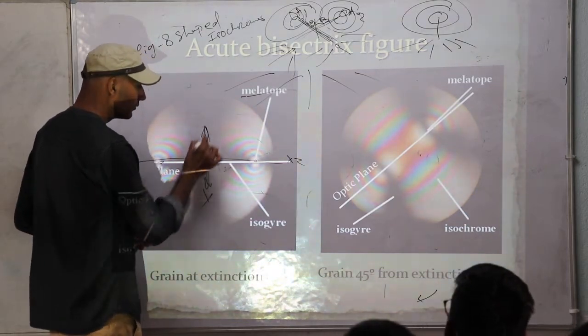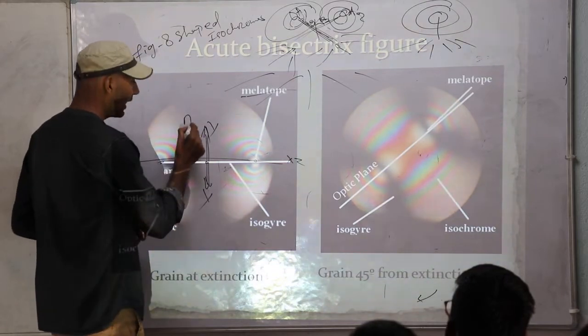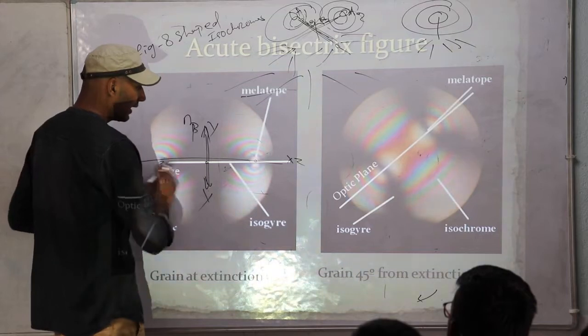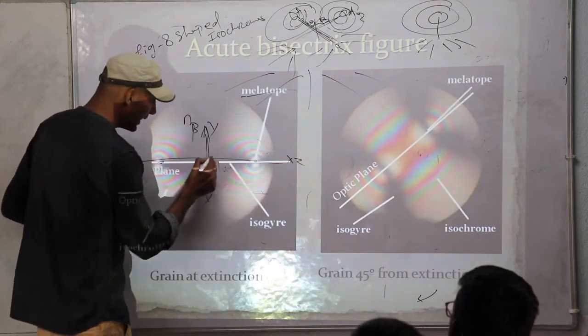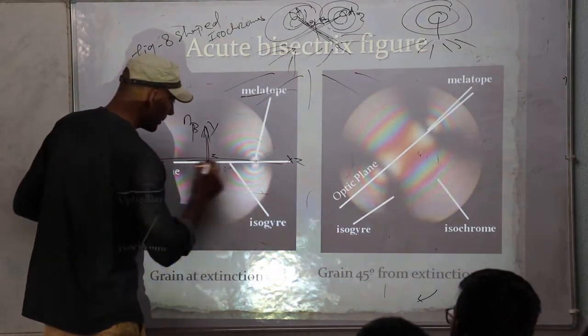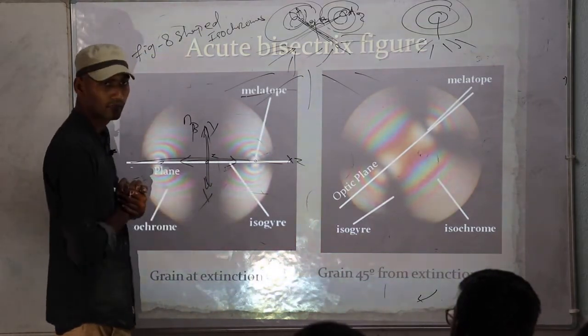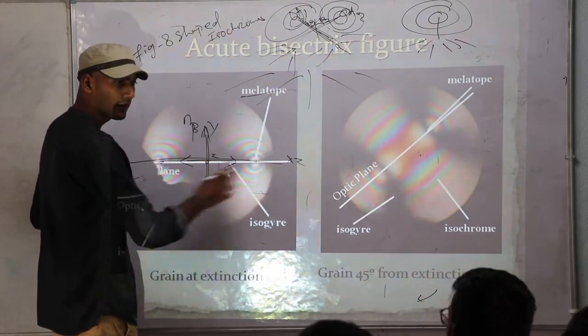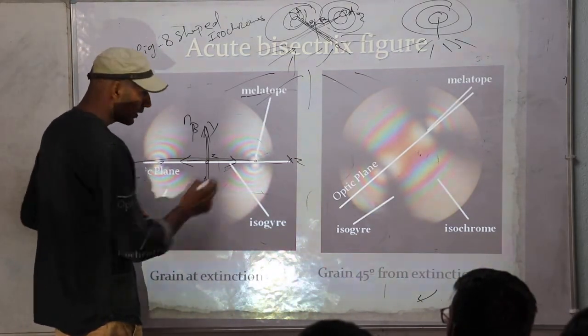One is Y or n beta. We have already discussed Y means n beta. In the XZ plane, if Z is the acute bisectrix, this vibration will be n alpha.